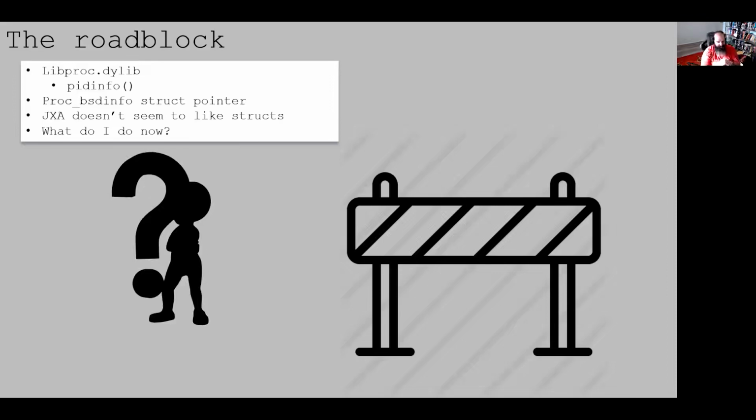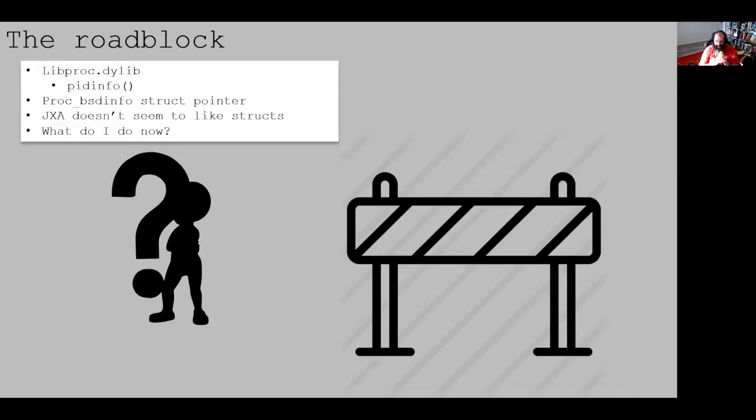The reason I can't use that, or haven't figured out a way to use that, is that it has a required argument that is a pointer to a specific C struct, which is proc_bsdinfo.